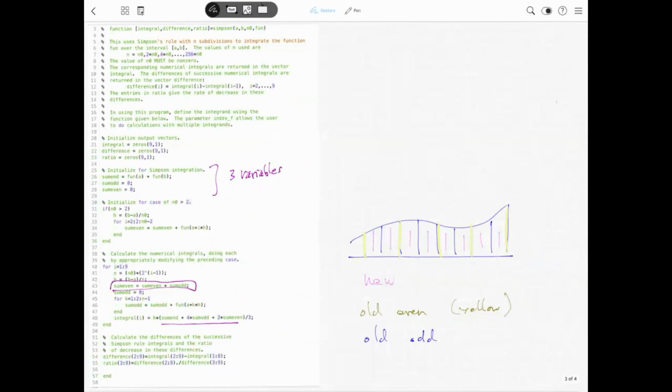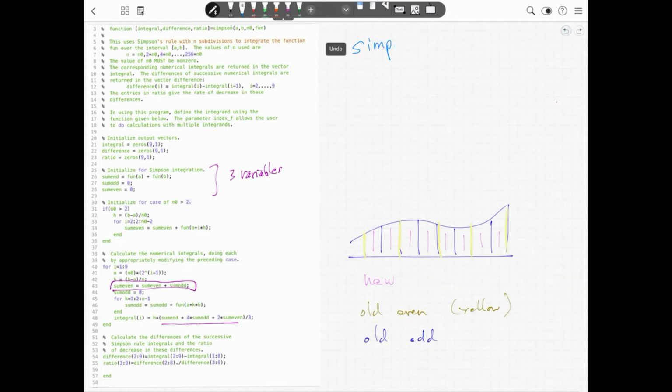Let's see, so here's the computer function. Once again, what have I done here? Huh. I seem to have forgotten to rename the function. That's weird. I was supposed to have renamed the function Simpson_f, and for some reason, it just says Simpson.